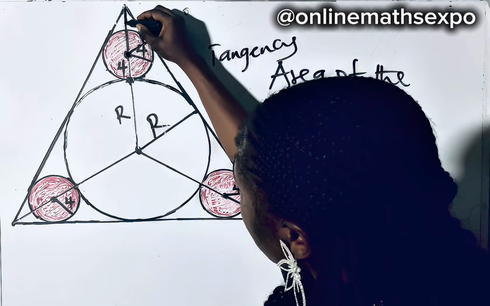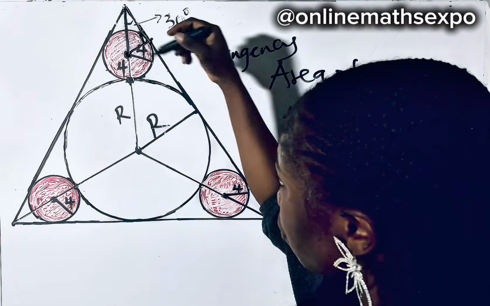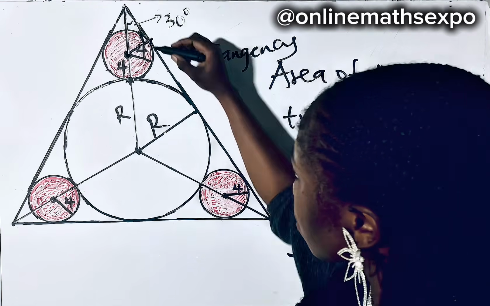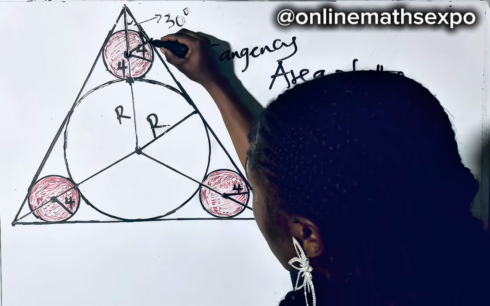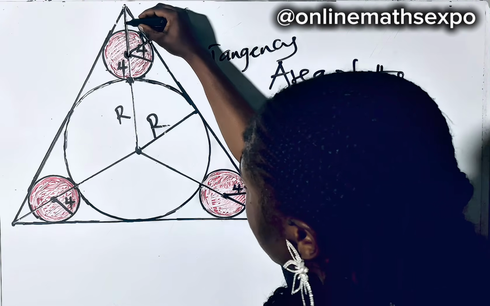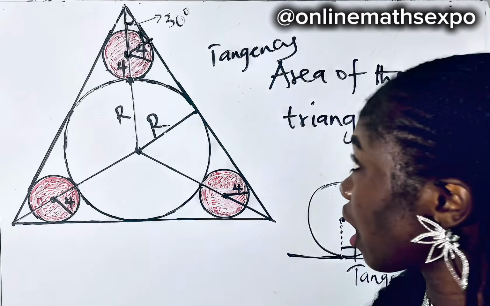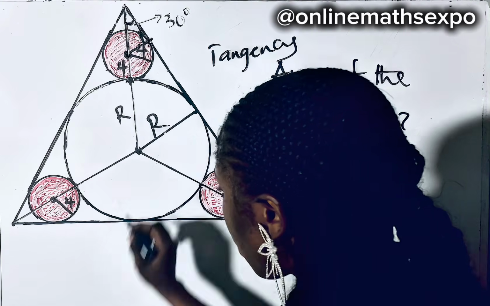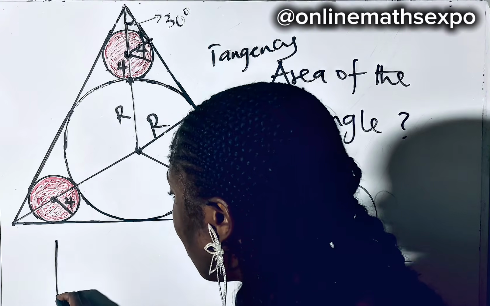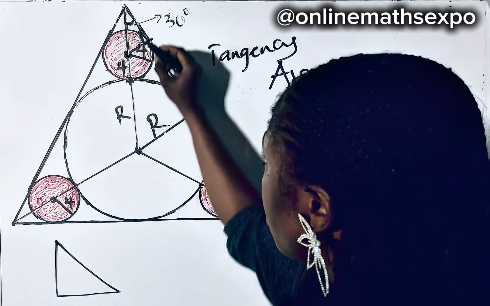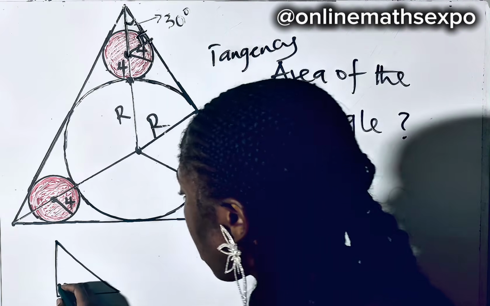So let's try to bring out that shape to help us to find this length. Also observe that from here to here has been given as 4, and this angle here measures 30 degrees. Let's bring out that shape. If we do that, we are going to have something that looks this way. Remember, it's right angles here, so we have this.